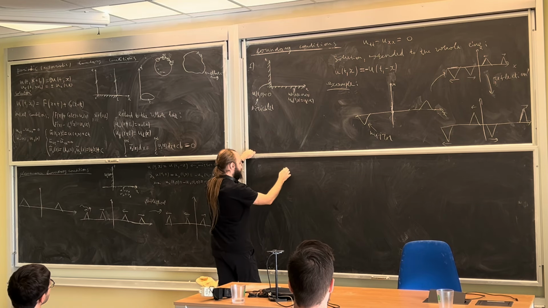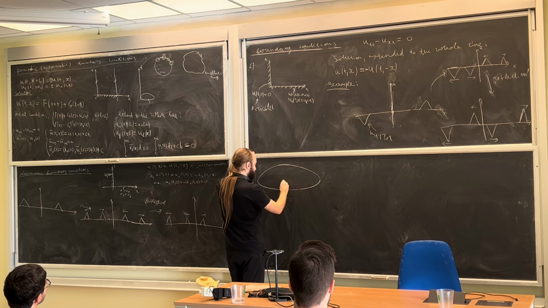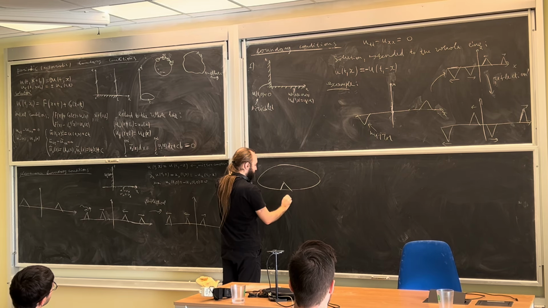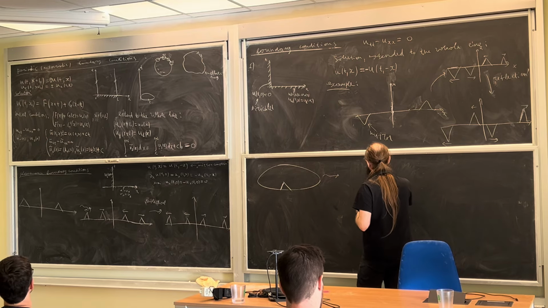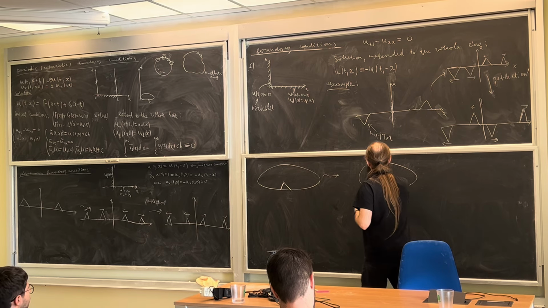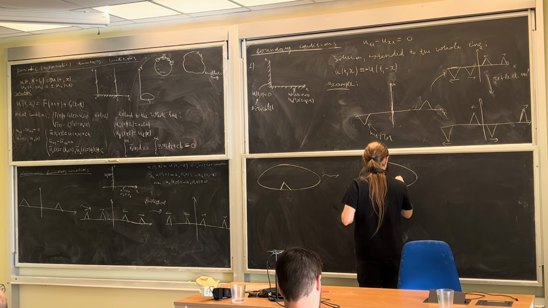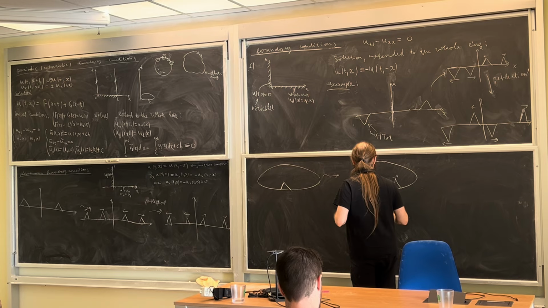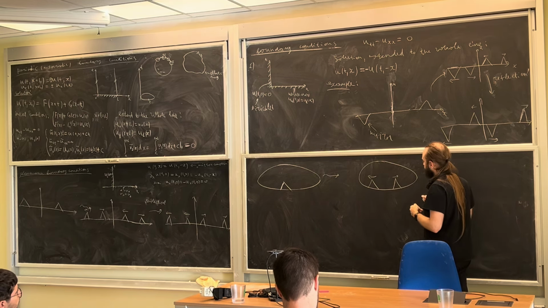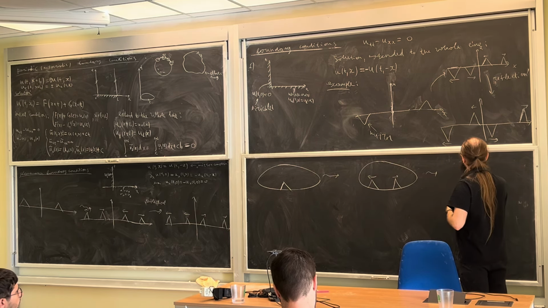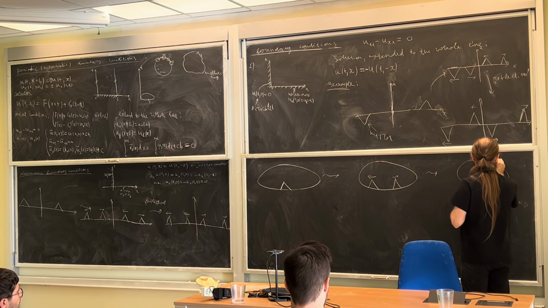So we will have pictures like this. There is this circle. There is some triangle, and this triangle splits, starts moving in opposite directions. Then they move through each other.